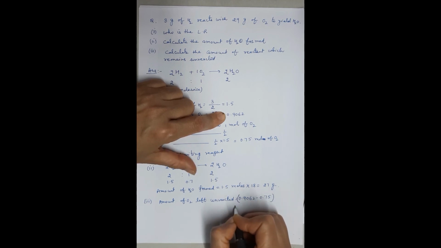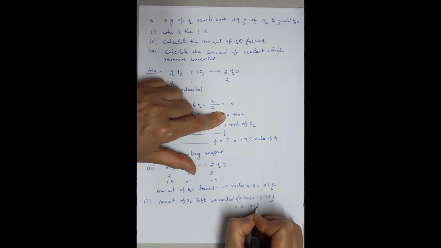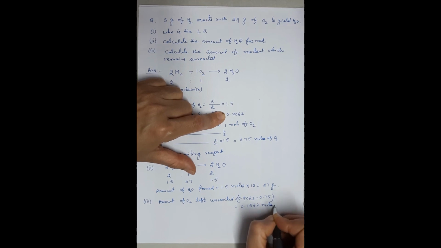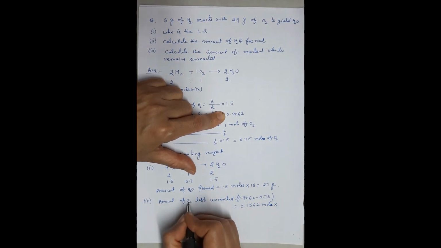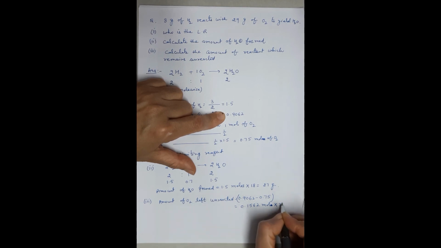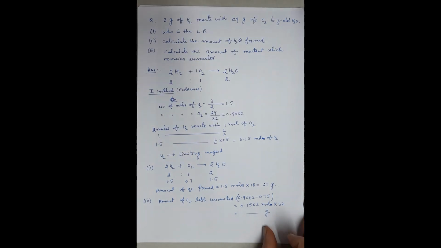So if you calculate, this comes out to be 0.1562, but this is the number of moles. If you multiply it by the molar mass of O2, that is 16 2s are 32, you will get here the amount in grams.